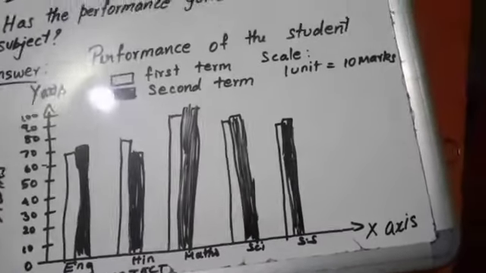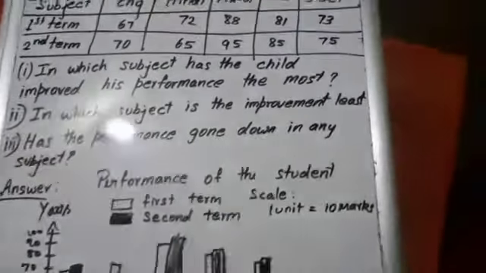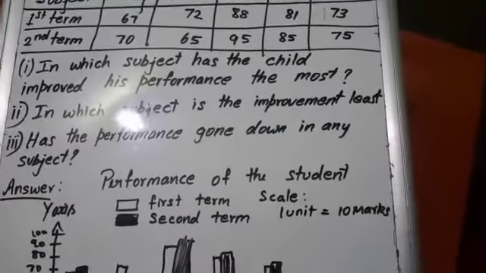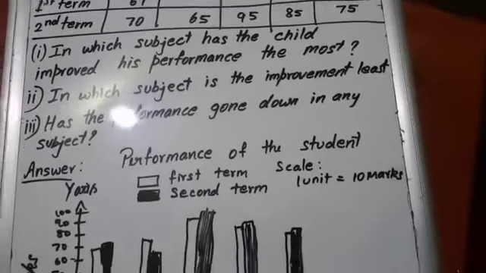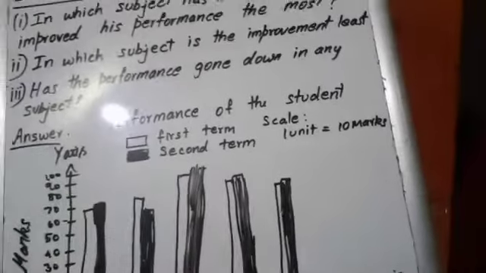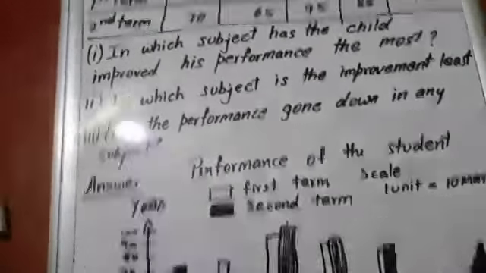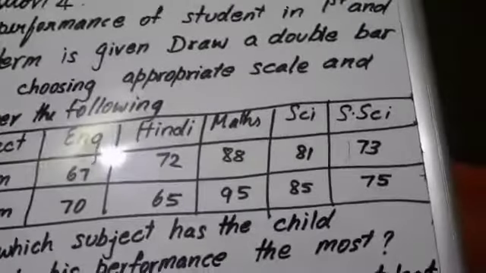Now we have to answer the following questions. How to answer? In which subject has the child improved his performance the most? The most, you can see, is mathematics. By seeing this you can answer.